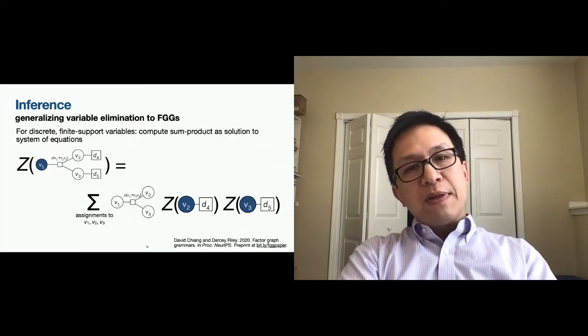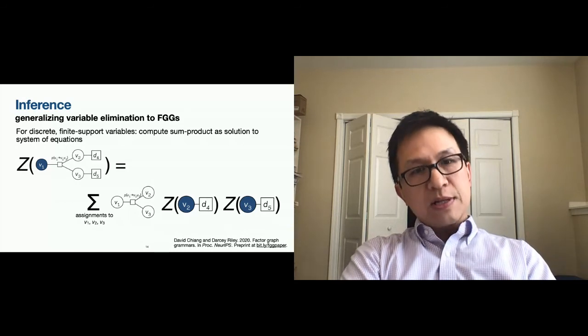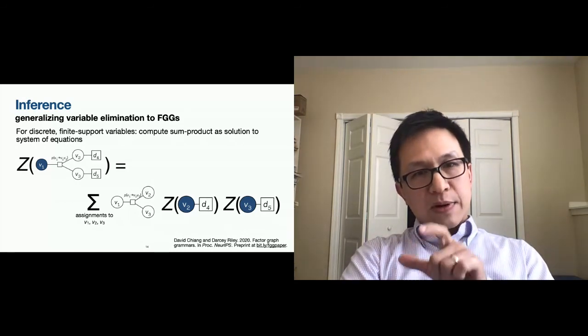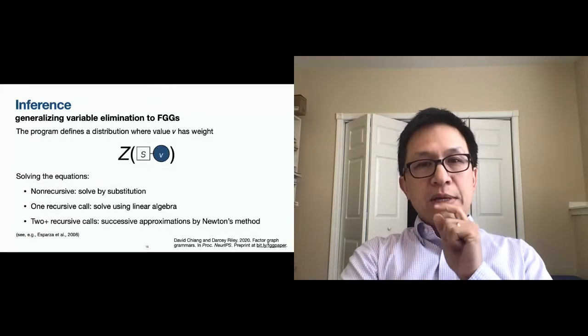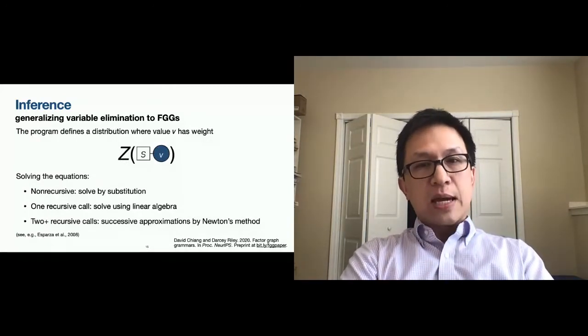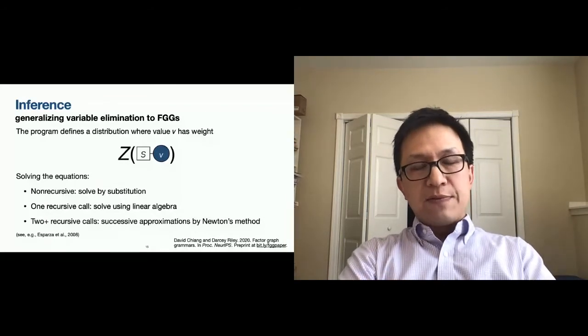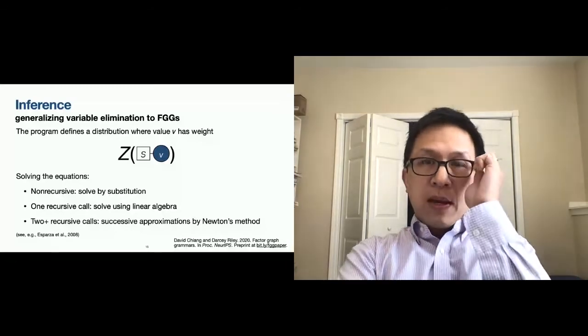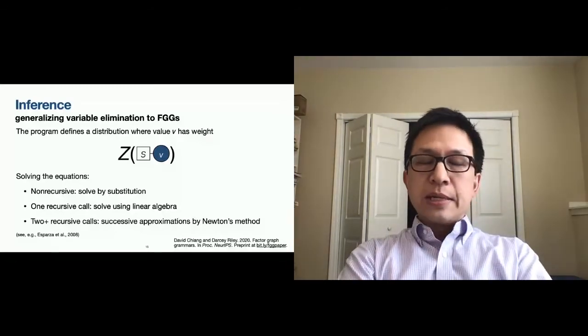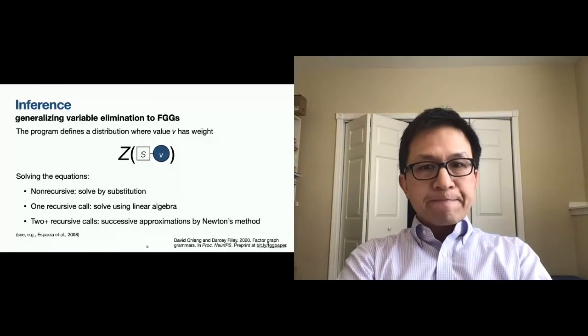But if there is recursion and each function has only one recursive call in any given branch of computation, then the system of equations will be linear, and we can use standard linear algebra methods to solve this system of equations, even if there's an infinite number of possible graphs. And this will be cubic time in the number of unknowns in the system of equations.